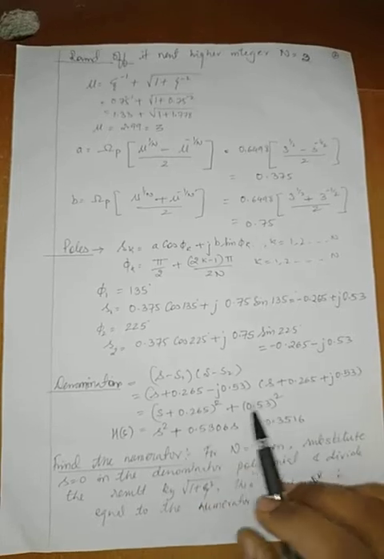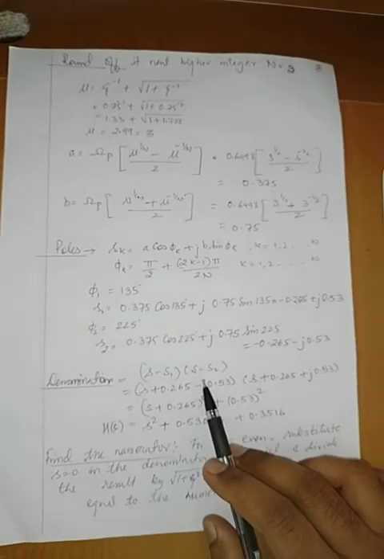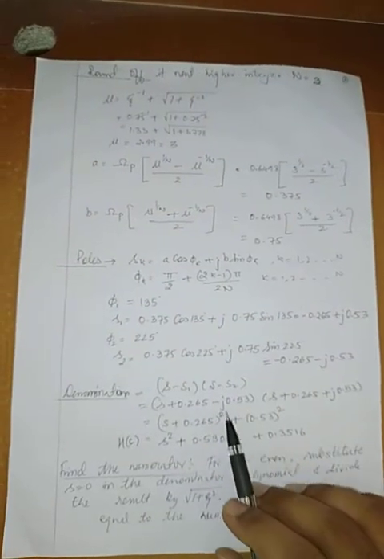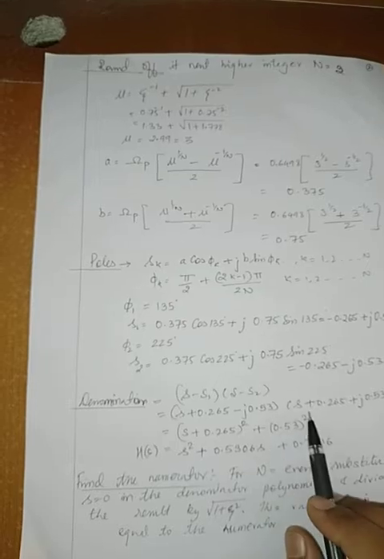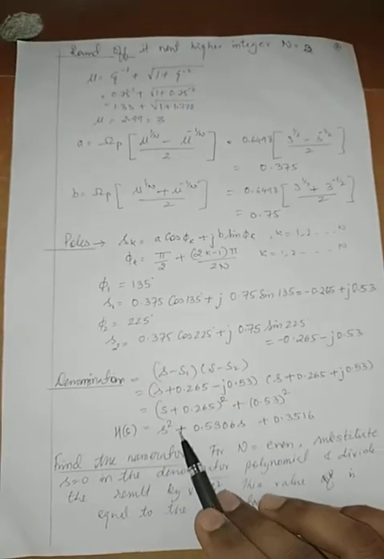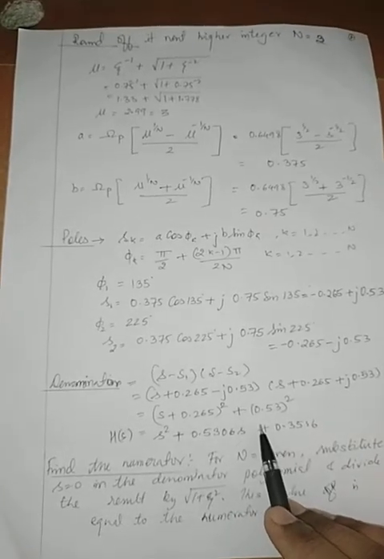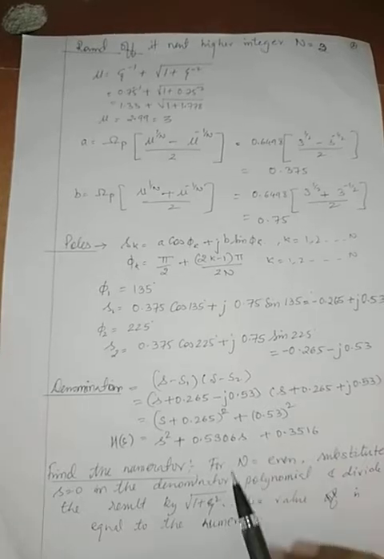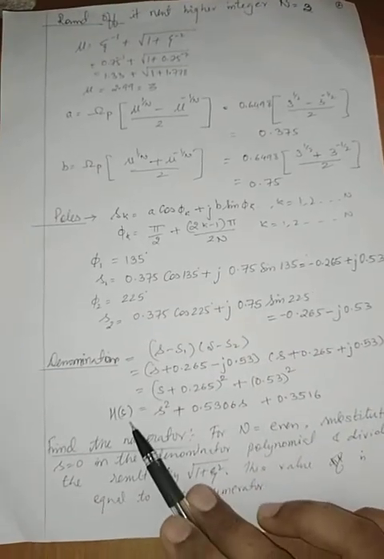So it is a squared minus b squared, wherein this j squared value will give us minus 1, therefore it is plus. So it is (s + 0.265) whole squared plus 0.53 whole squared. Simplify this and you get the answer as s squared plus 0.5306s plus 0.3516. Now you have found the denominator of H(s).